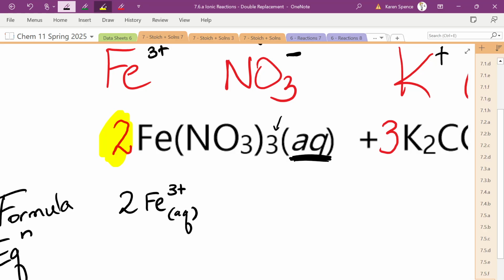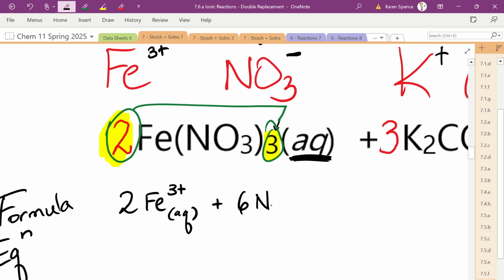Now for nitrate, remember we have to look at both the coefficient and the subscript. So we have 2 times 3 is 6 nitrate, 6 NO3 minus. Don't forget your charge and your state.